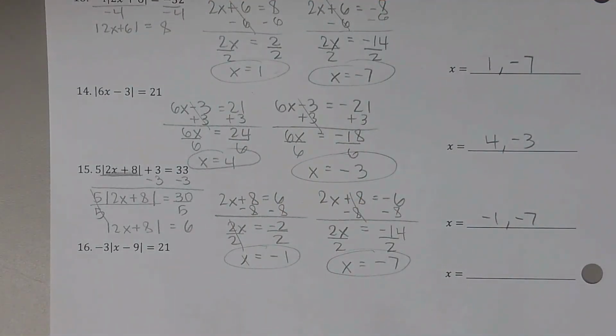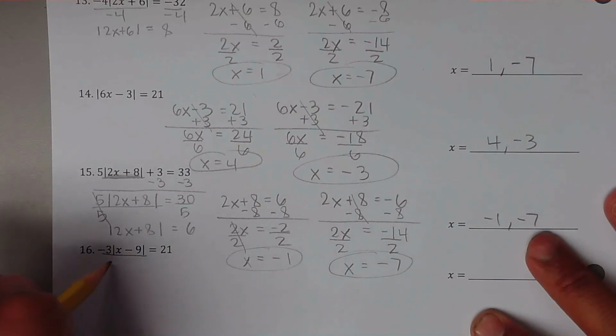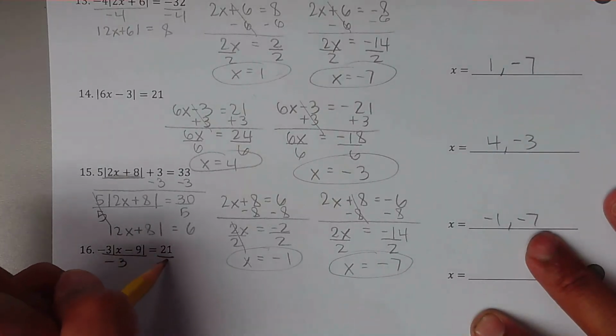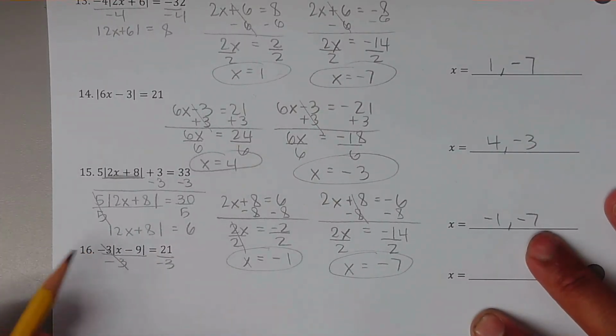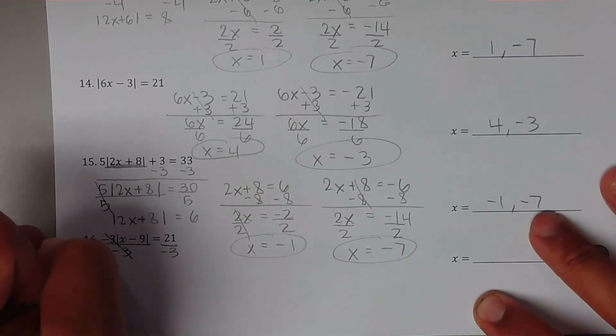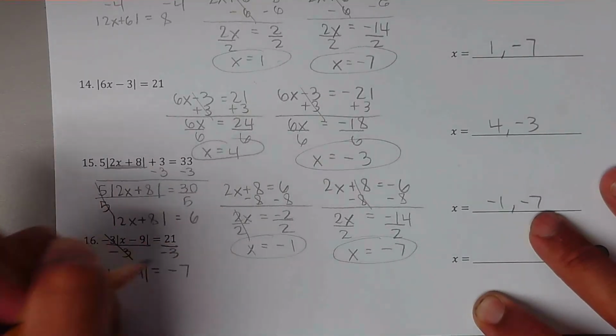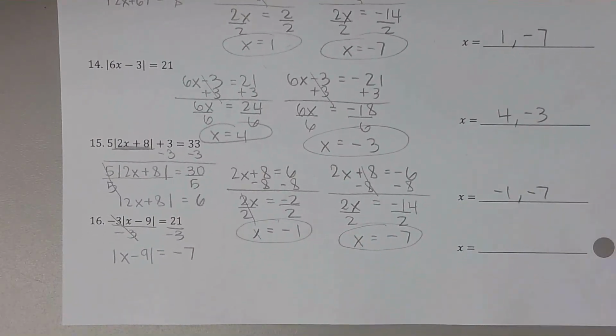All right, last problem, question number 16. We want to get our absolute value by itself, so we divide both sides by negative 3. That negative 3 cancels out. On the left-hand side, we just have the absolute value of x minus 9 is equal to negative 7. When we have the absolute value by itself and it's equal to a negative, remember in class, absolute value represents distance.